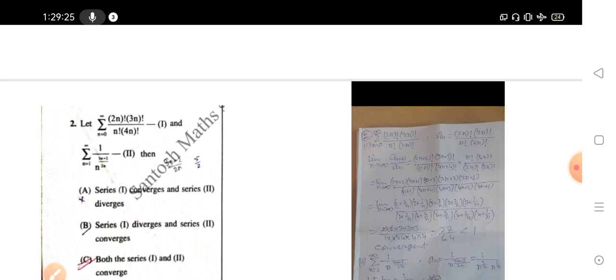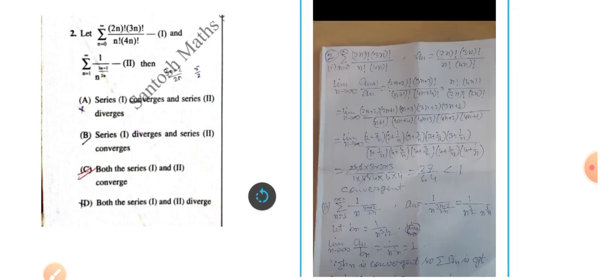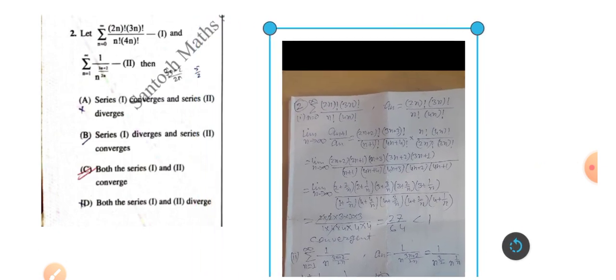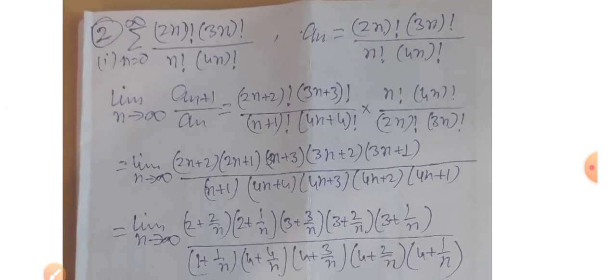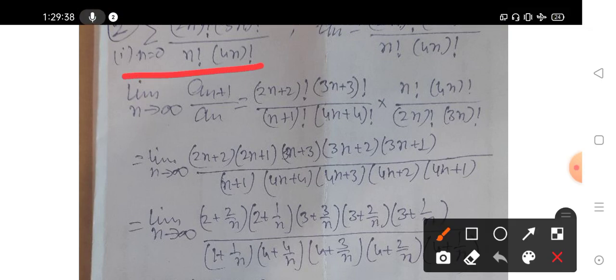Here, this is the solution. This is the first example.